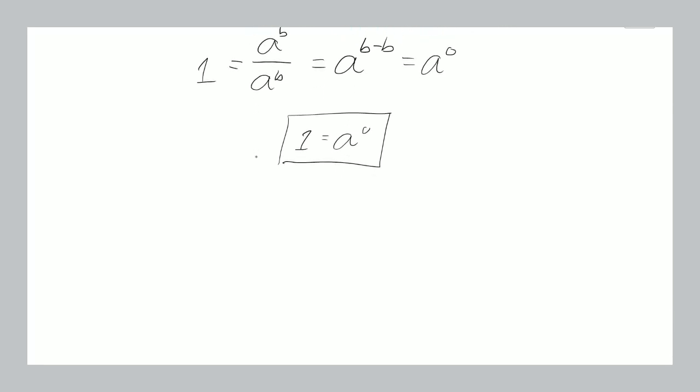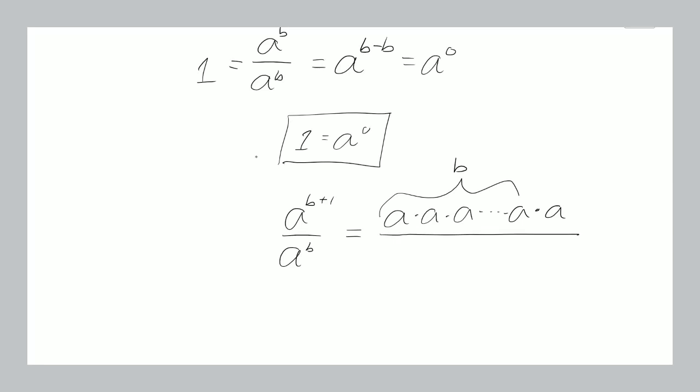Now, what if the top exponent is just 1 larger than the bottom exponent? Okay, so you have a whole bunch of a's, b of them, and then another a, right? Because you have a string of a's multiplying one another.